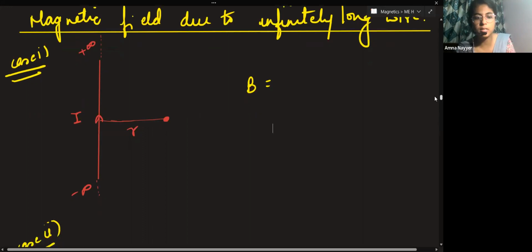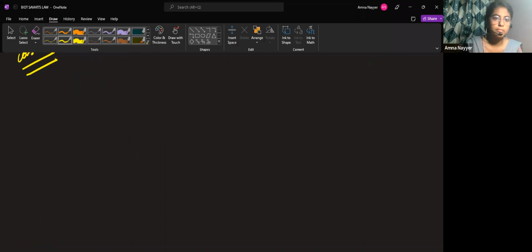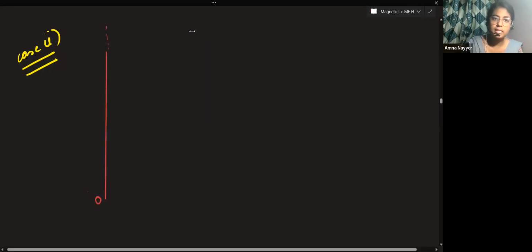Before I tell you the formula, let me tell you what a semi-infinite wire is, so that you are able to understand and see the difference. Semi-infinite means a wire is there, this end is fixed at some point, and this end is extending to infinity. One end is fixed, the other end is extending.